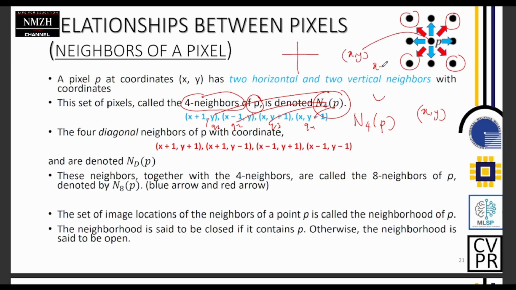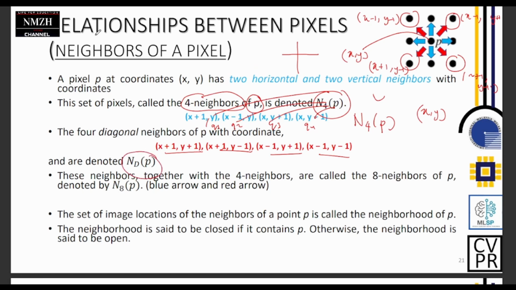So this is x plus 1, y minus 1, this one is x plus 1, y plus 1, this one is x minus 1, y minus 1, and this one is x minus 1, y plus 1. So we have another 4. The diagonal neighbors from P to Q are known as ND(P).